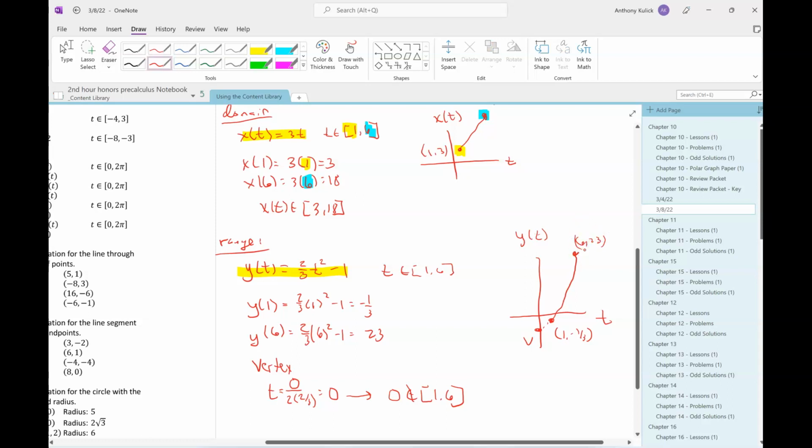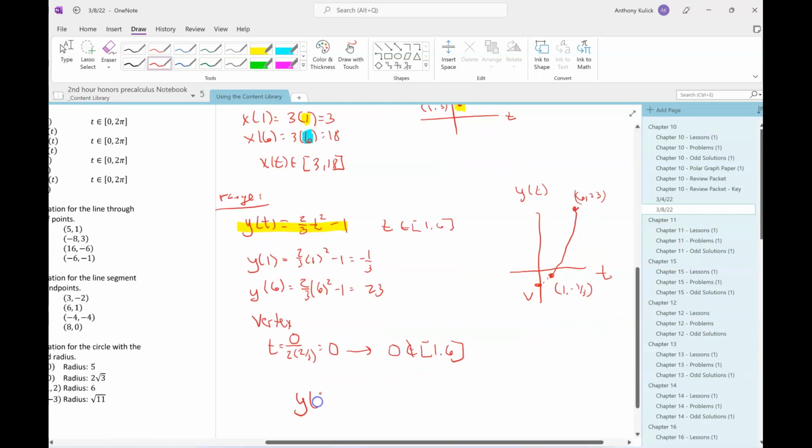Since that vertex isn't inside of the interval for my parameter, I don't have to worry about it. Is that okay, Blake? Yeah, I get it. Okay, so we'd say the range then for y of t is really just negative 1/3 to 23.